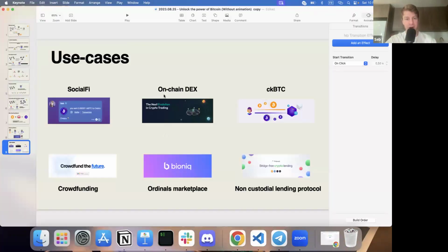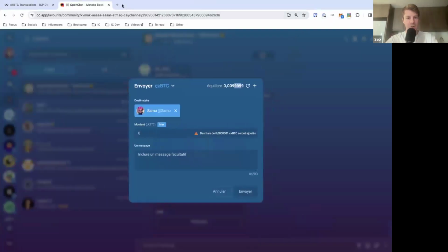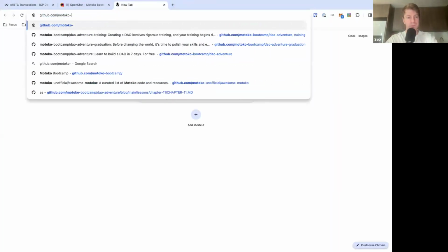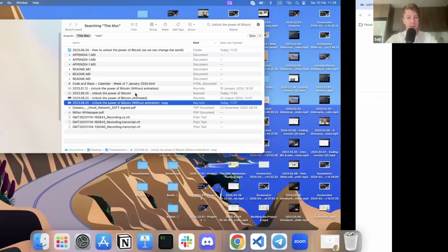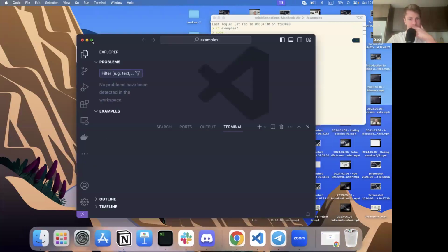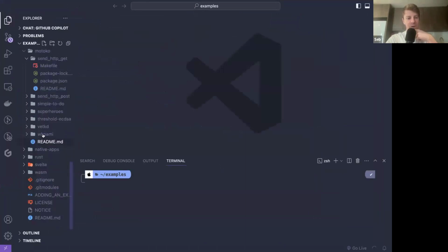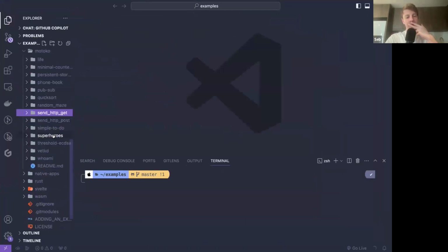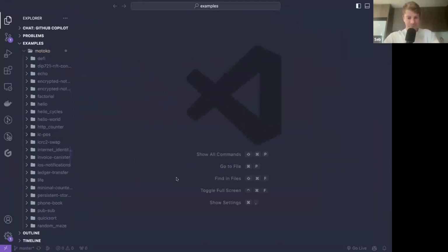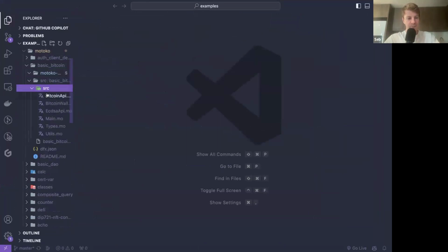Now, let's go to the example side. So if we go, and actually I have the repository ready. How do we actually work with all of this? There are two things that I want to show you. There is the basic Bitcoin example. We can take a look at it.